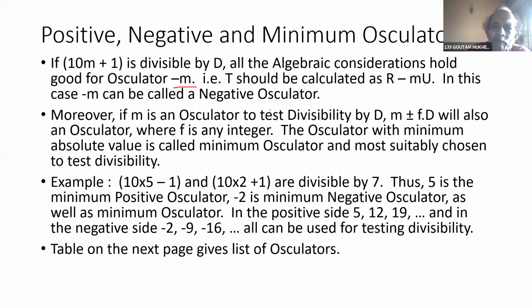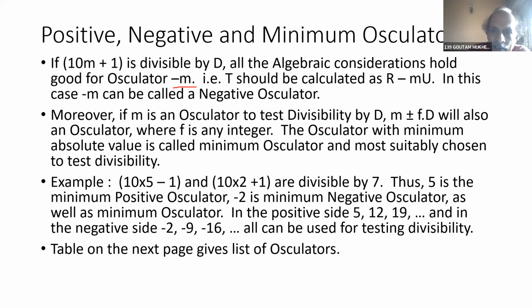Moreover, mathematically it is not rigorous to say minus positive, because in integers we call this plus minus. So it is for understanding purposes that I wrote it this way. Moreover, if m is an oscillator to test divisibility by d, then m plus or minus multiples of d will also be an oscillator.